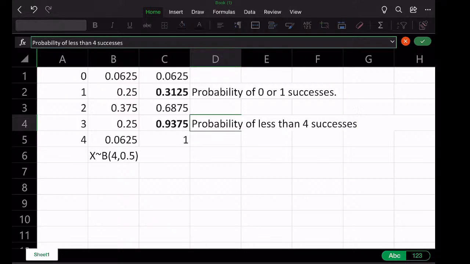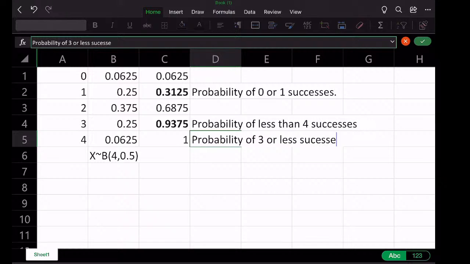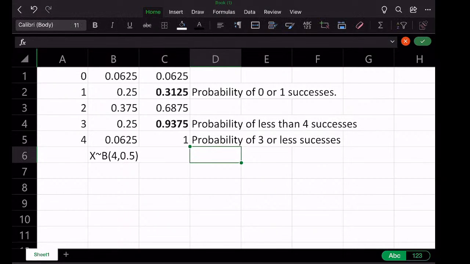You could say probability of 3 or fewer successes.